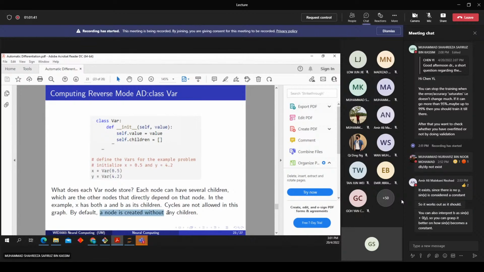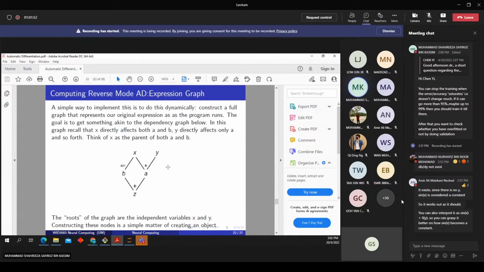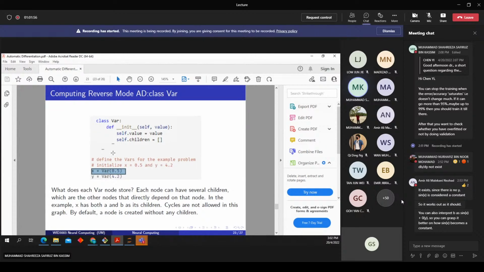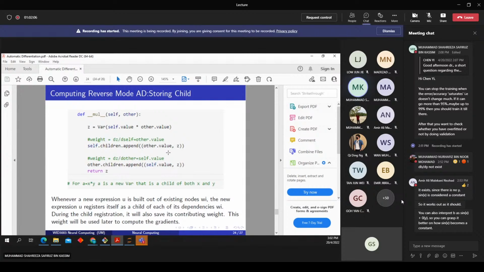If you create a node, for example X equals Var of 0.5, and you haven't assigned A or B or Z, then by default the list of children will be empty. There will be no children here. And then how do we store a child?